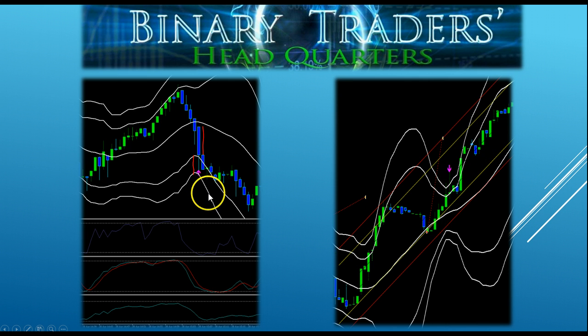Now, what I want to let you know about candles with big wicks is more times than not, and you have a perfect example here, the next candle is going to want to fill this wick. So if you have a wick pointing in the opposite direction of your trade, there's a high probability that the next candle will continue going in that direction.